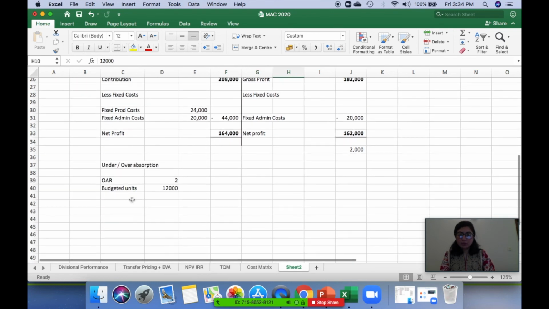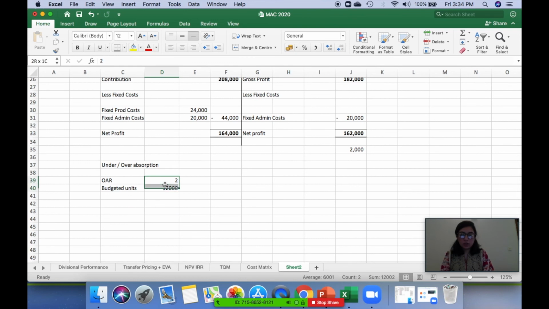So let's suppose your budgeted units were 12,000 and your actual production turned out to be 13,000, right? Now in this case, the fixed cost we calculated, which was already given, was 24,000 fixed production, right? And based on the budgeted units, we calculated the OAR.